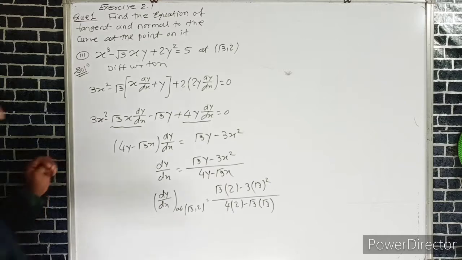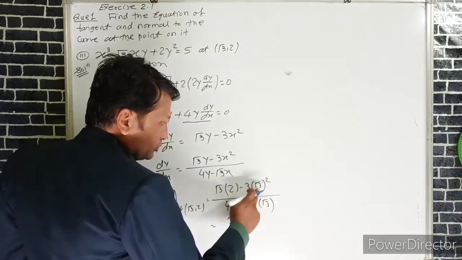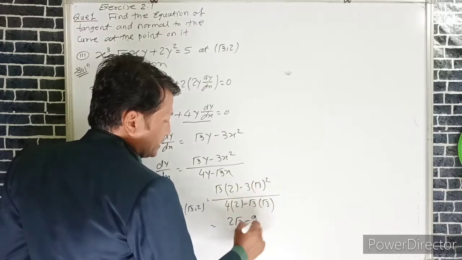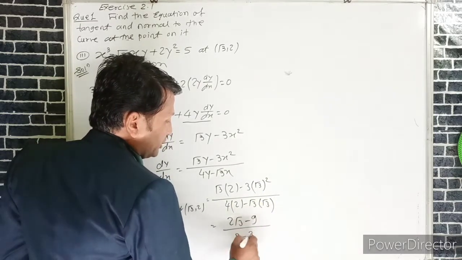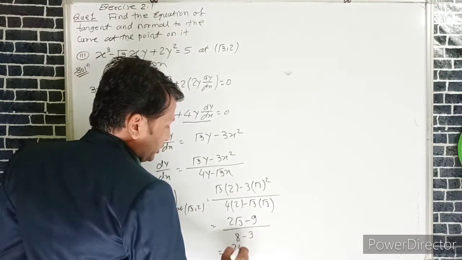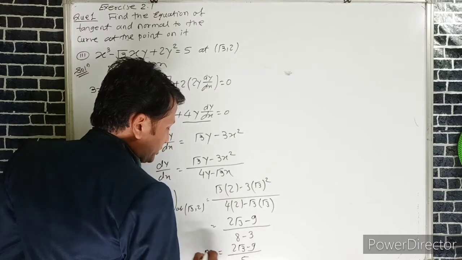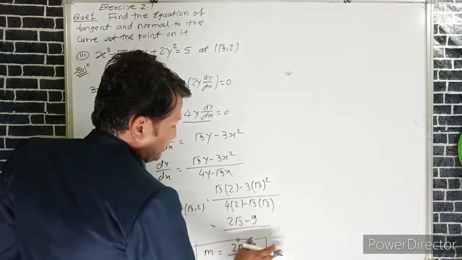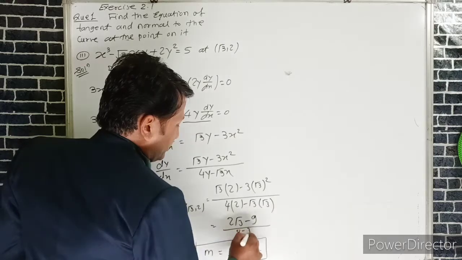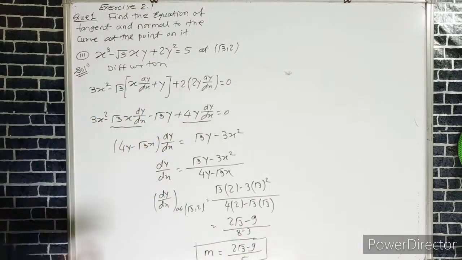If we multiply this term, we can write 2 root 3 minus root 3 square into 3, which is 9, upon 4 into 2, which is 8, minus root 3 into root 3, which is 3. We can write this as 2 under root 3 minus 9 upon 5, which is the slope of tangent. Here (2 root 3 minus 9) upon 5 is the slope of tangent.